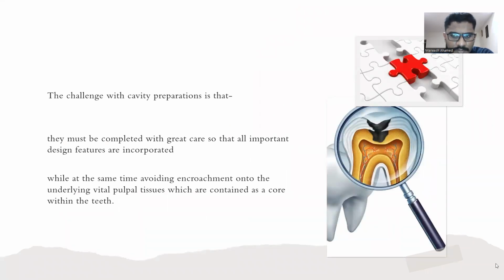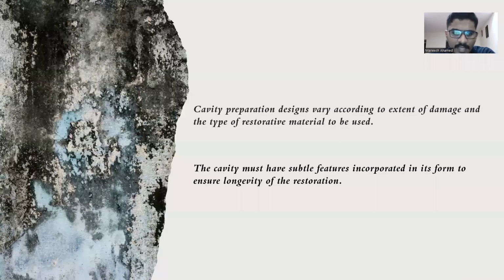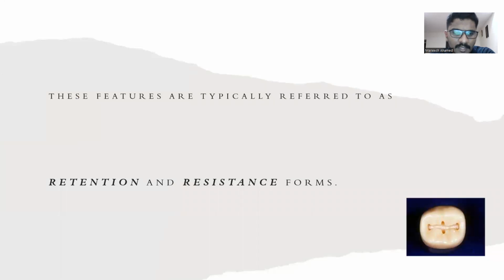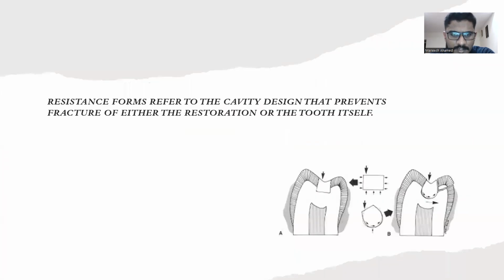That is, we should not injure the pulp inside the tooth, and also there should be subtle features incorporated onto the tooth, which will help the material to be retained within the tooth and also prevent damage to the tooth. Two of such features are known as the retention and resistance forms. And we discussed what these forms are.